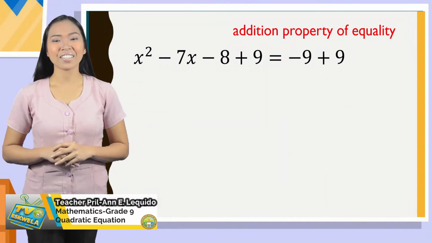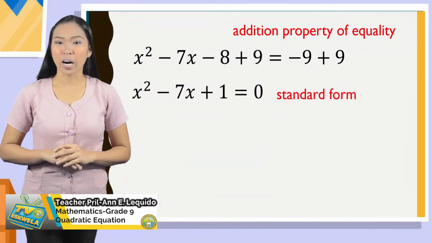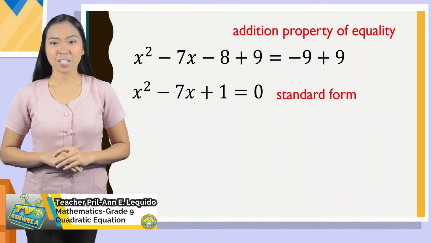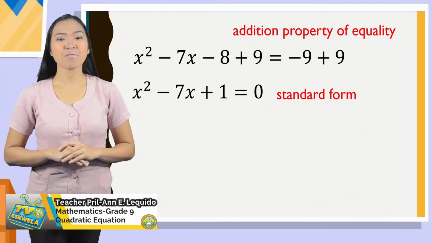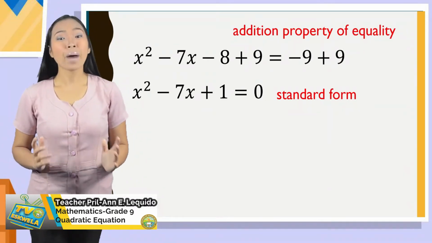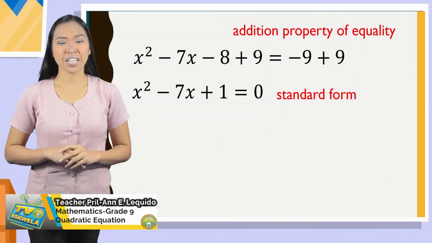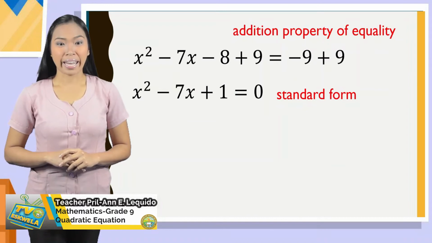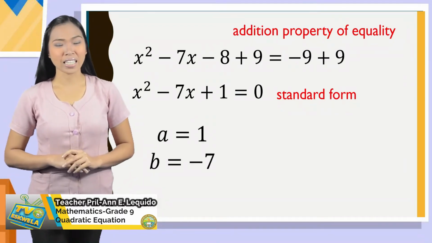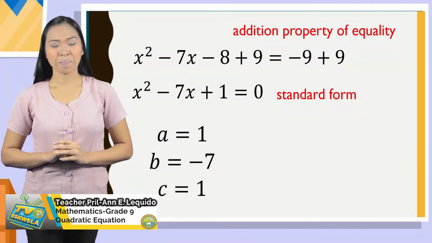Finally, the standard form of the quantity x plus 1 times the quantity x minus 8 equals negative 9 is x squared minus 7x plus 1 equals 0, where a equals 1, b equals negative 7, and c equals 1.